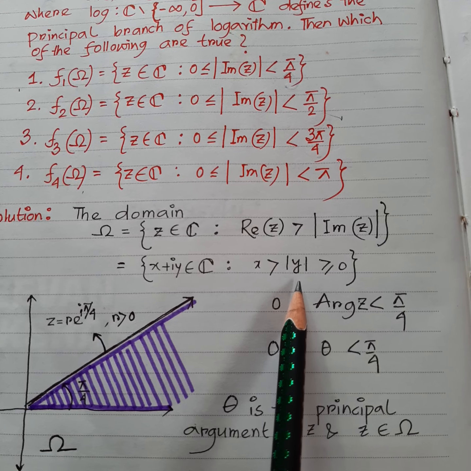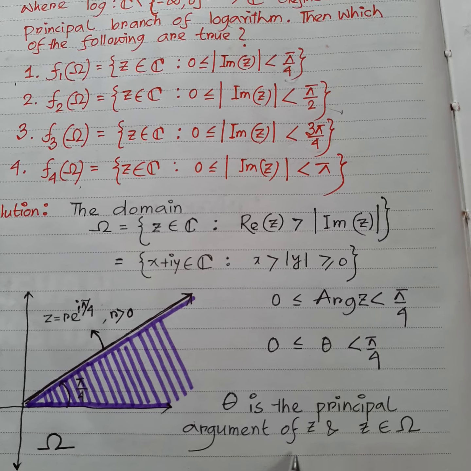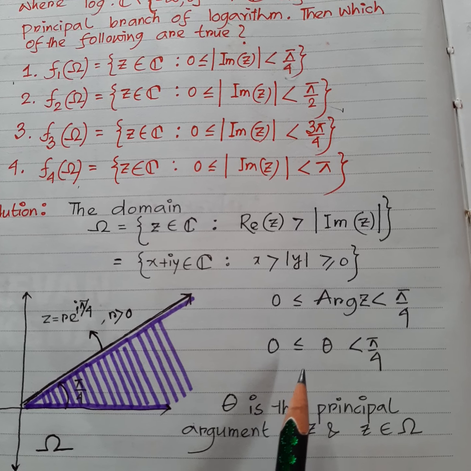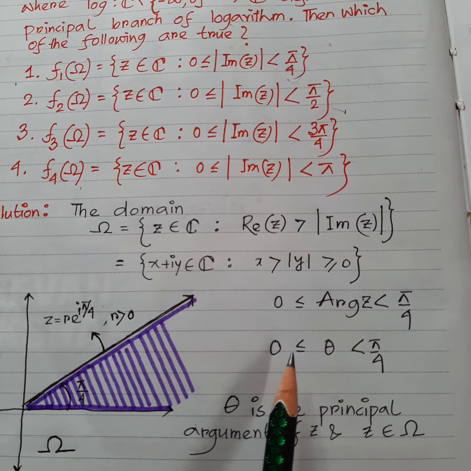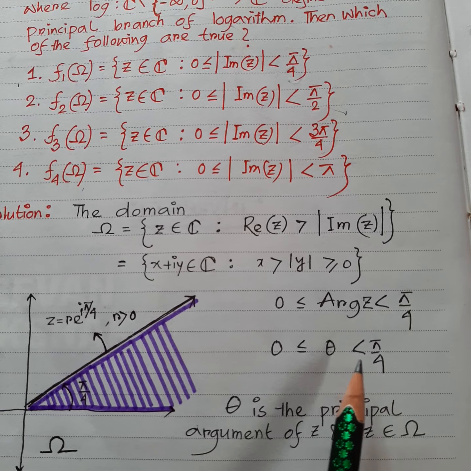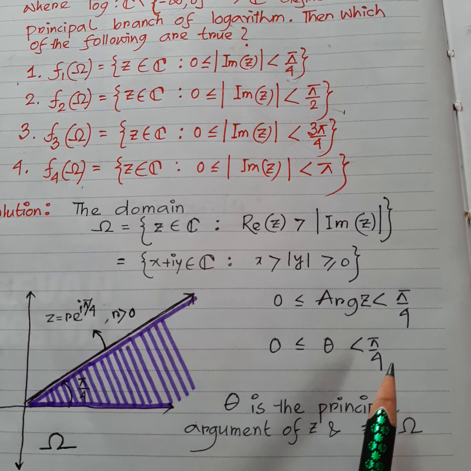Also we find from this picture that the argument of z satisfies the inequality 0 less than or equal to theta less than pi by 4.